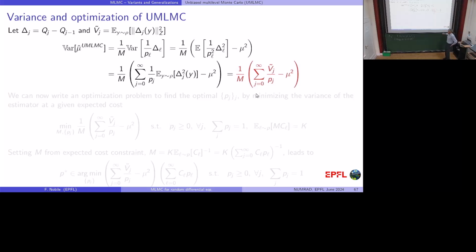It looks similar to the variance of the multilevel Monte Carlo, except for this minus mu squared, because I'm using uncentered moments. The variance of the multilevel Monte Carlo, the one I discussed yesterday, was the sum over all the levels of the DL.